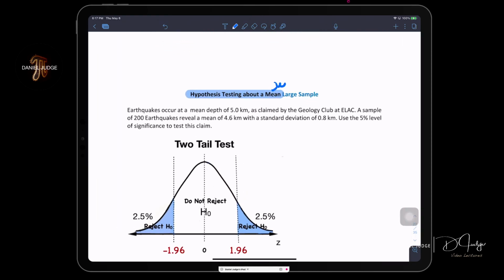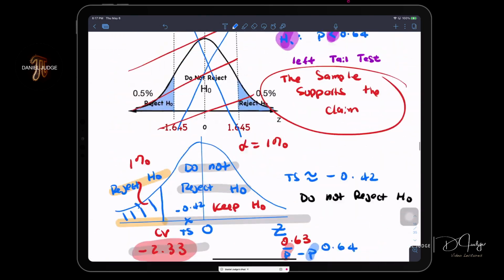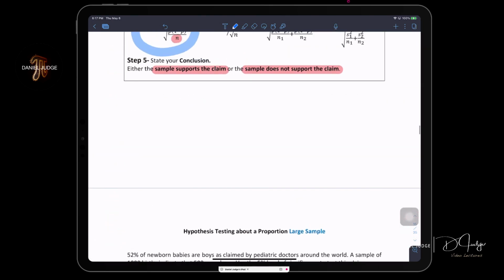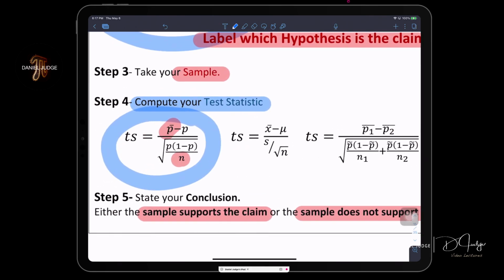I'll say it works the same way. The only difference, though, is you're not going to compute or use the test statistic for testing a hypothesis about a proportion. Next time, this will be our test statistic.